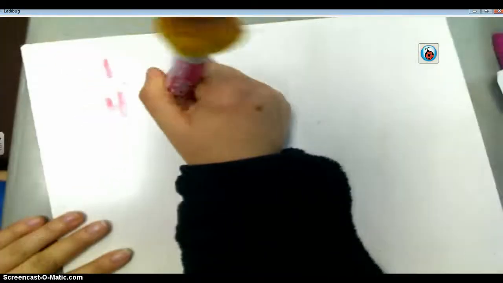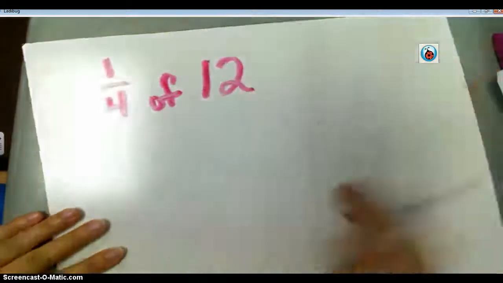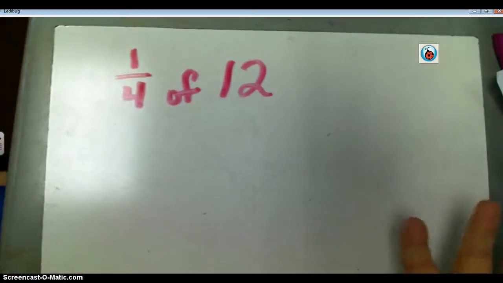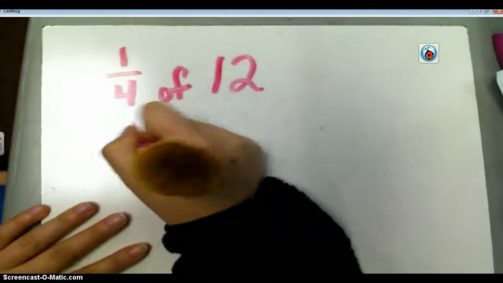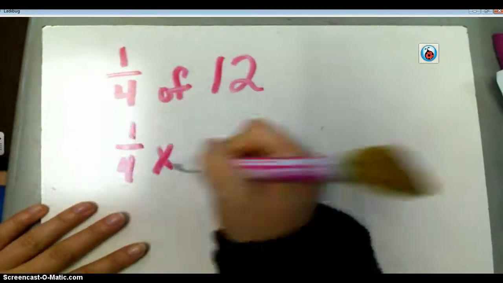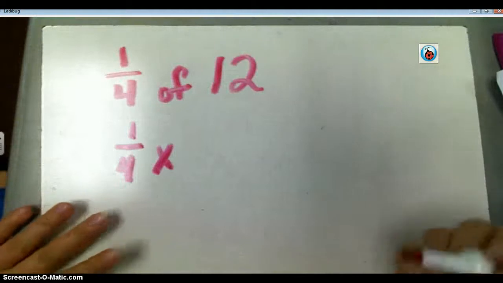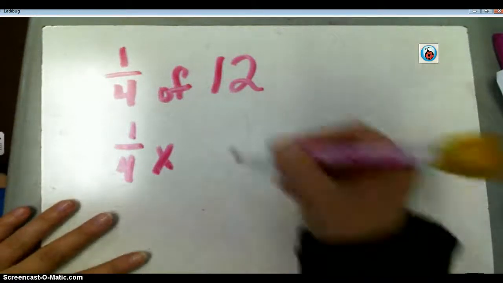So if we're multiplying 1/4 of 12, you know that I have to take 1/4 times what? My 12. 12 over 1.